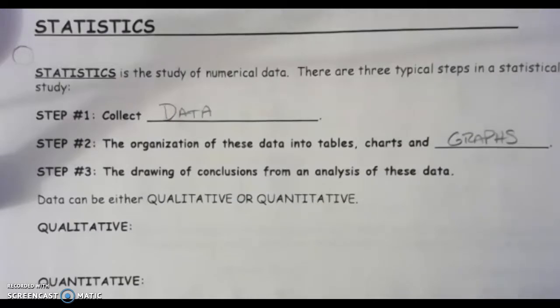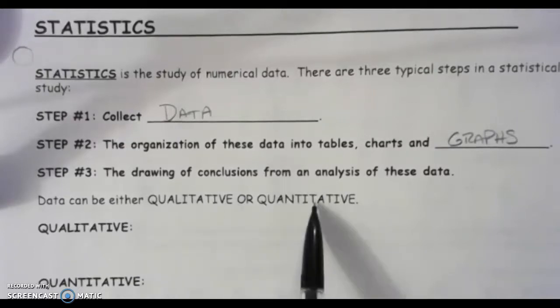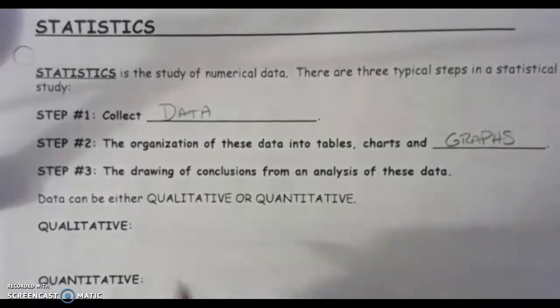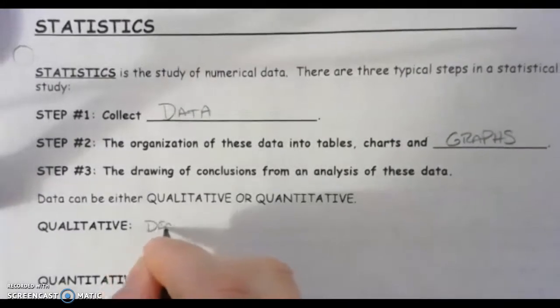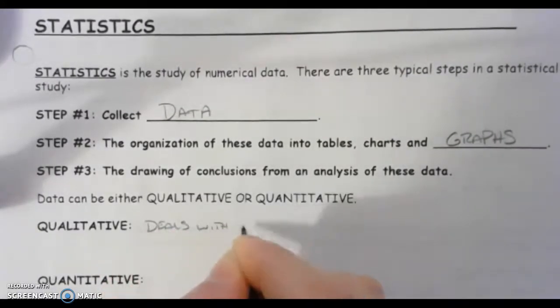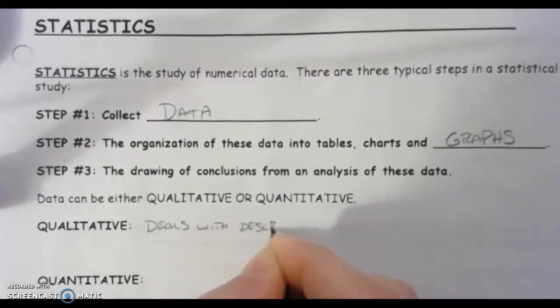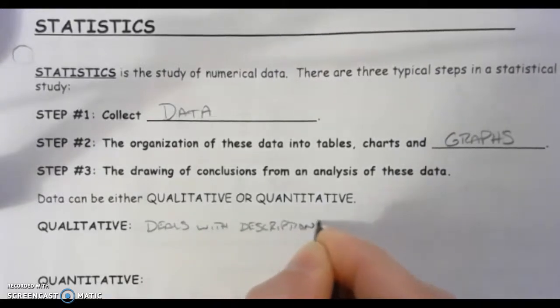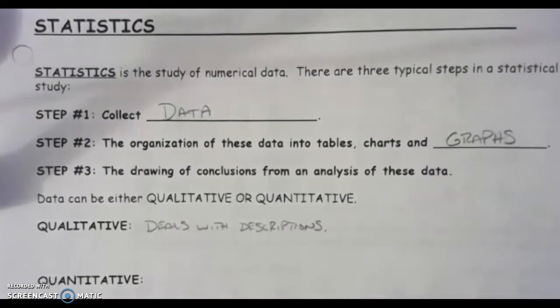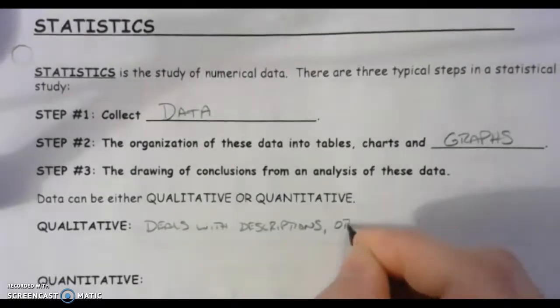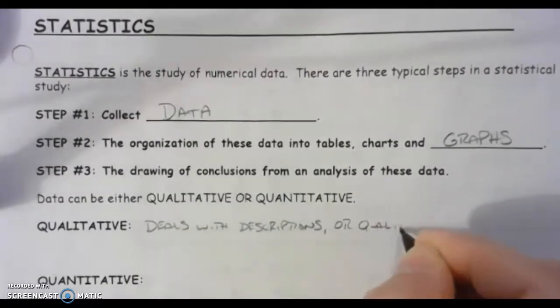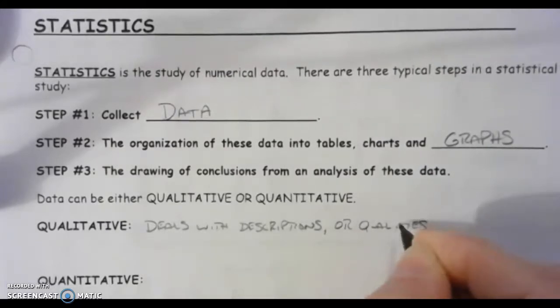There are 2 different types of data that we can work with. Data can either be qualitative or it can be quantitative. Qualitative data deals with descriptions or qualities, qualities that something has.